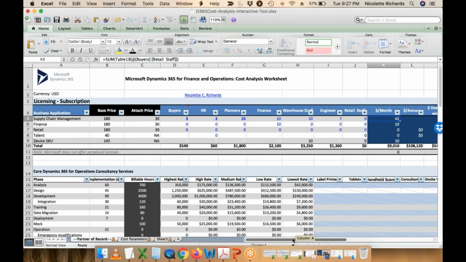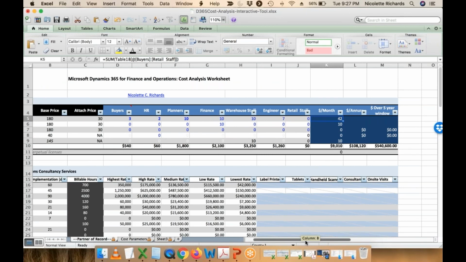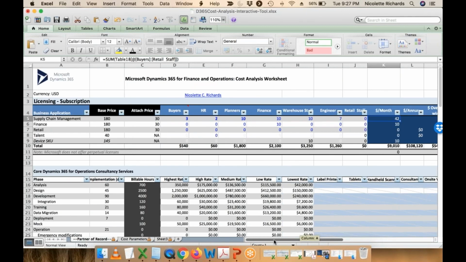So there are different ways that you can combine resources to get a more feasible or agreeable rate as you're implementing. I want to talk briefly about the on-premise option. We know we have the cloud version of D365, which is wholly managed by Microsoft, and then you have the on-premises one.